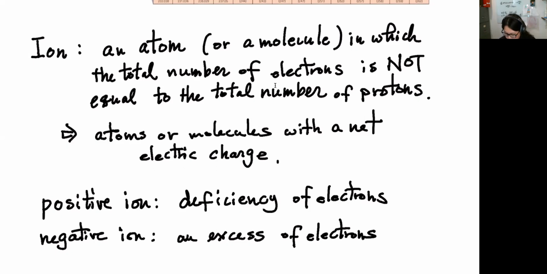So again, I want you to make sure that it is the electrons, not the protons, doing the job. Fewer electrons means it is positively ionized. If you have more electrons, that means it's negatively ionized.